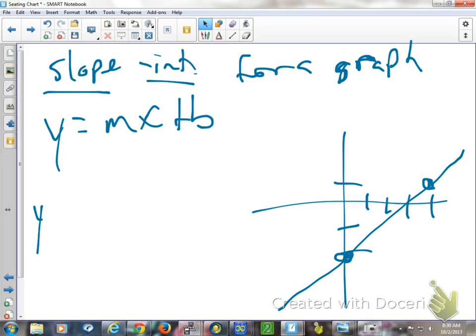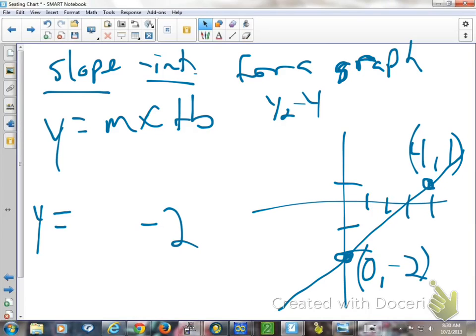So it's going to be y equals, who can tell me my y-intercept? Cameron. -2. And how am I going to find my slope? We've done it like 4 times already. Rise over run. You could count it, but it's always safest to do the slope formula. What are the points? 0, -2, and 4, 1.